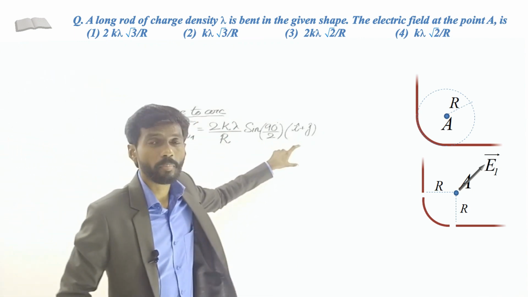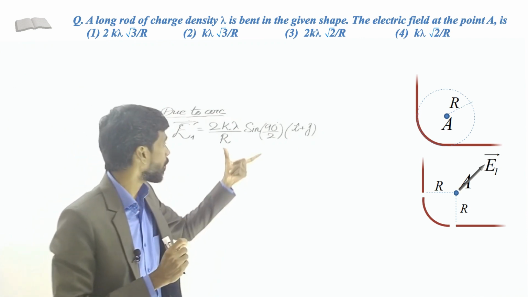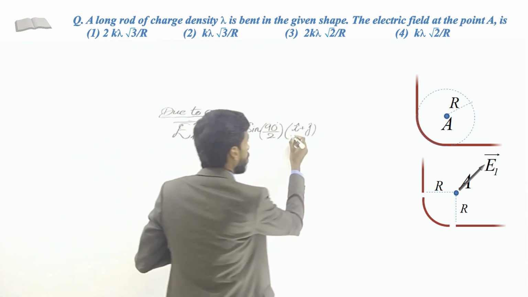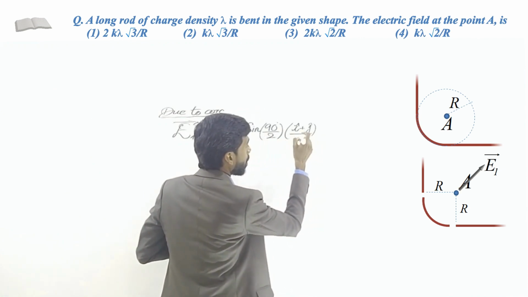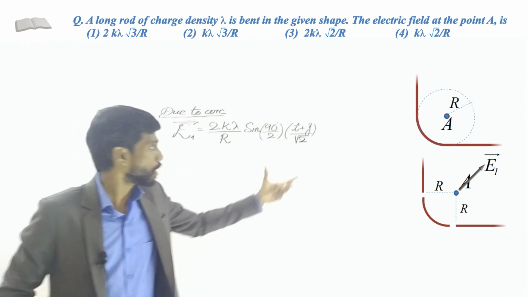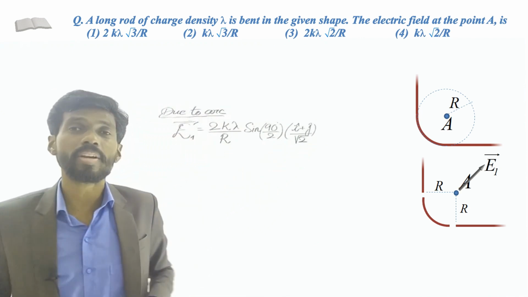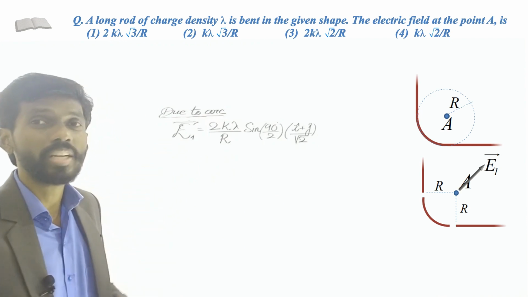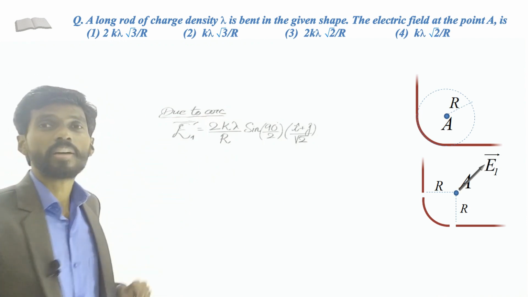But we only need the unit vector because we have already taken the magnitude. So you have to divide this by its magnitude. What's the magnitude of this vector? Root 2, the square root of 1 plus 1. So this is the unit vector along the direction of the electric field, and this is the magnitude of the electric field. So we've got the electric field vector due to that arc.